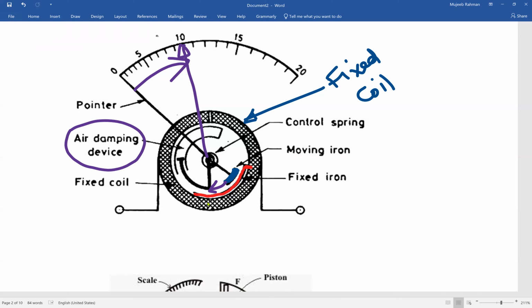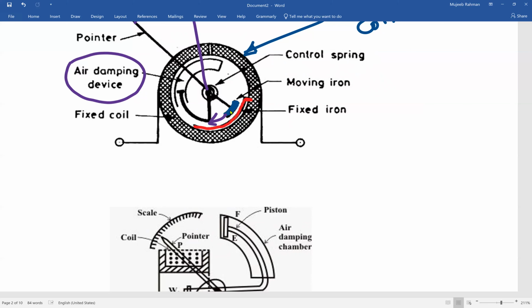So this type of instrument is called the repulsion type moving iron instrument. Here the basic principle is that there are two metallic strips, or soft iron pieces, and one of them is fixed. The red one is fixed, and the blue one is movable.